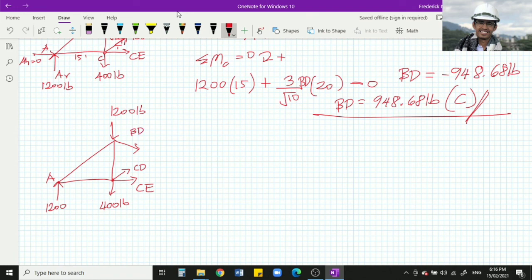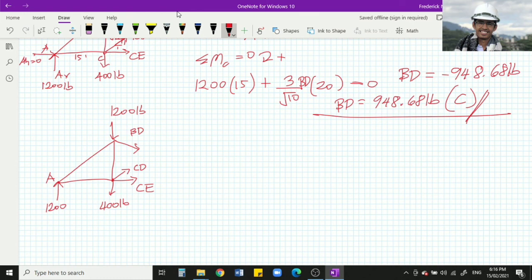So, para makuha natin yung CE, kailangan mag-moment tayo na magiging isa lang yung unknown, no? So, kailangan mag-moment tayo dun sa point kung saan hindi mag-moment yung BD tsaka yung CD. Tama? Para yung magiging unknown na lang natin will be CE.